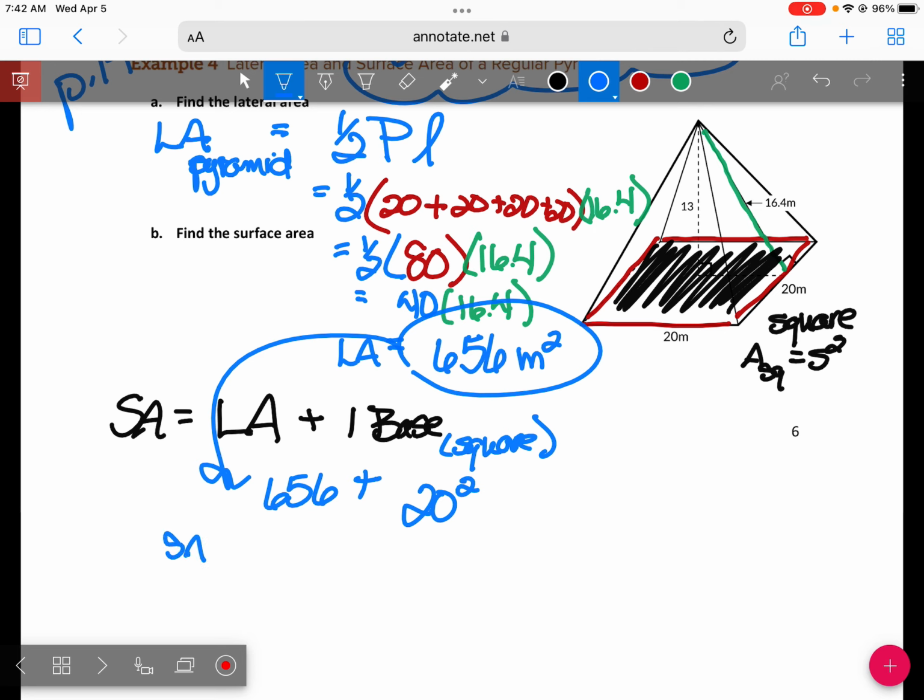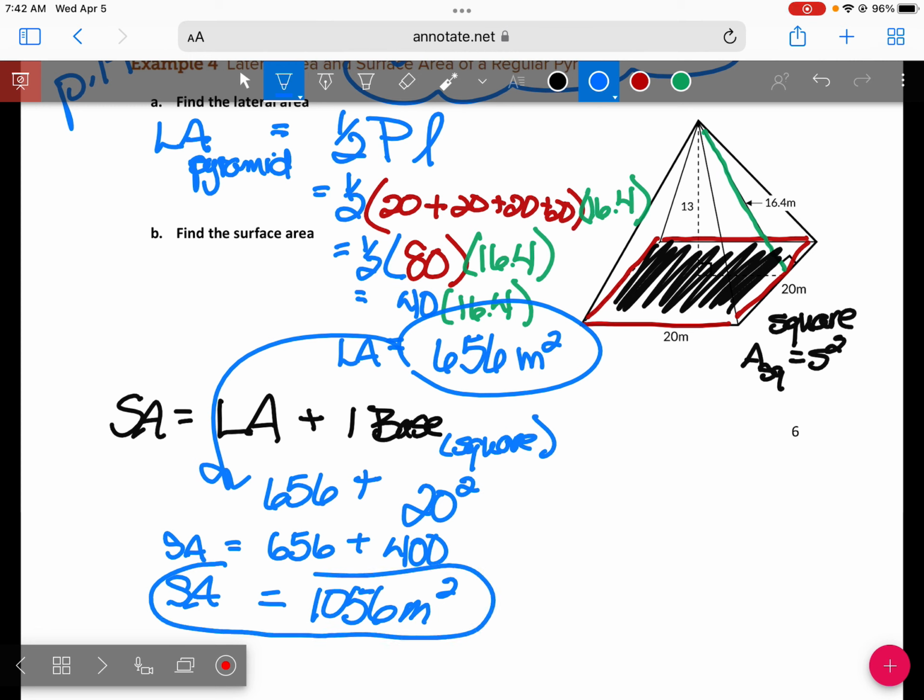So surface area is 656 plus 20 squared is 400. So my total is going to be 1,056 meters squared. That is the surface area for this pyramid.